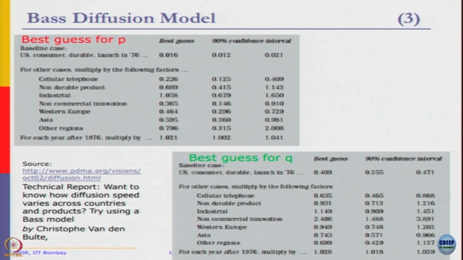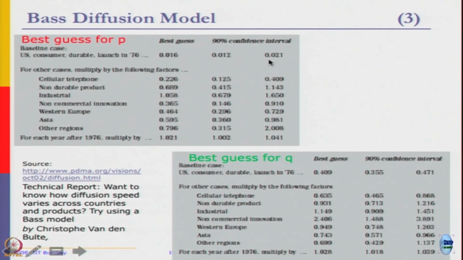Based on that, people have given various estimates for p's. Similarly, we have various estimates for q's. As you can see, even in the base case, the best guess for p is 0.02, while the best guess for q is 0.47, where word of mouth is clearly dominating as compared to advertising effects.